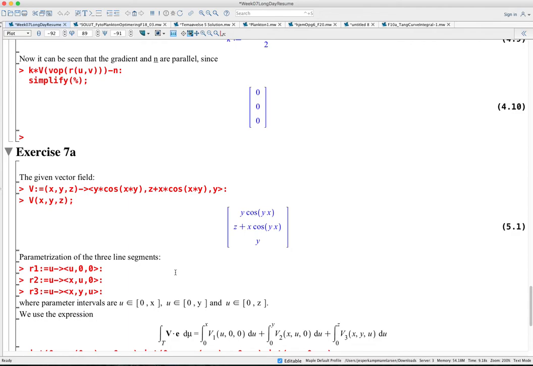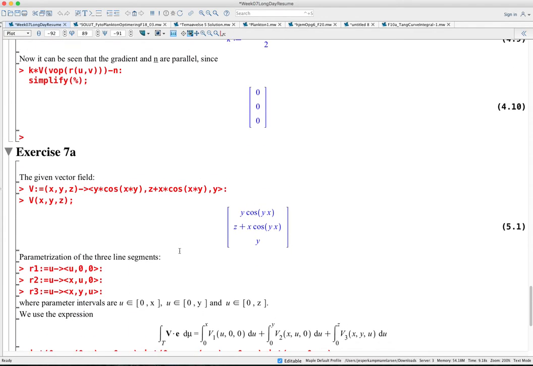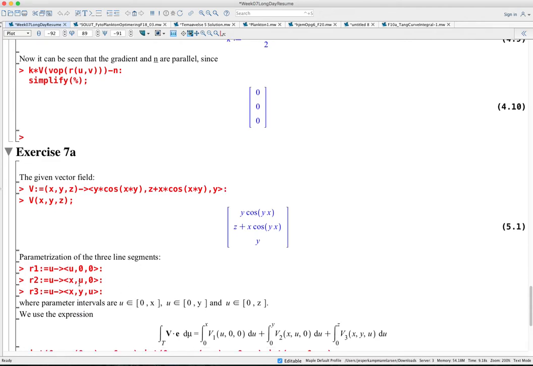The stairline method, as is shown here, is not given in the e-notes, but it's given in today's Maple demo, so look it up. You integrate along the x-axis from 0 to x, and then in the next step you integrate along the y-axis from 0 to y, and finally along the z-axis from 0 to z.